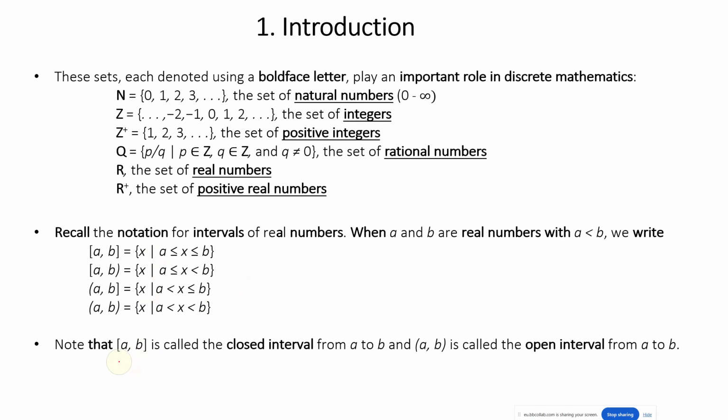When we have both brackets on, which includes both limits, this is called a closed interval, and the other way around, when they're not part of it, this is called an open interval. This open interval most likely comes from the fact that this is another way to write it, meaning the a's and b's are not part of it.